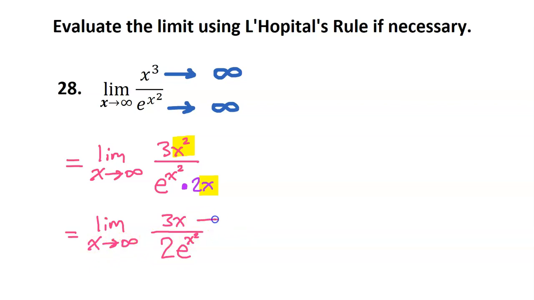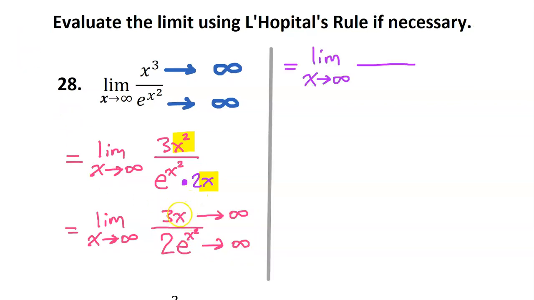Well, 3x is still approaching infinity, and so is 2e to the x squared. As x gets bigger and bigger, both of these are approaching infinity. Since the fraction is still approaching infinity over infinity, we can do L'Hopital's rule again.